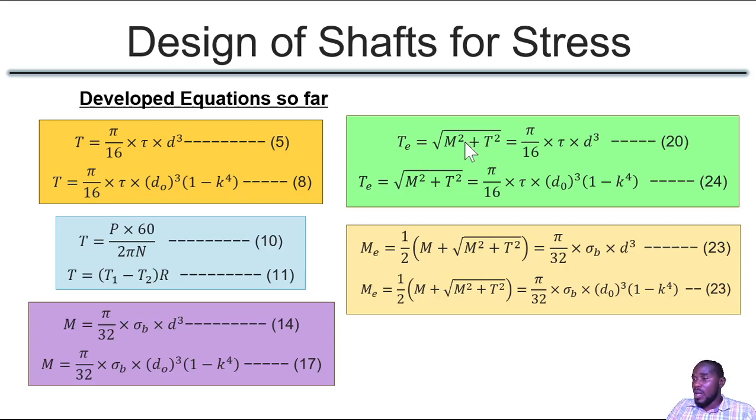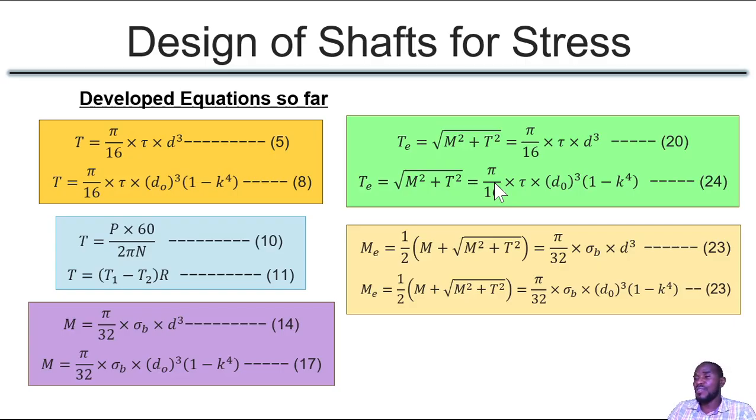And then the second case is simply the case of this for a solid shaft, and equation 24 is for the hollow shaft. And we know how to relate the diameter of the solid shaft to the outside diameter of the hollow shaft, where K is a ratio of the inside diameter to outside diameter of the hollow shaft.